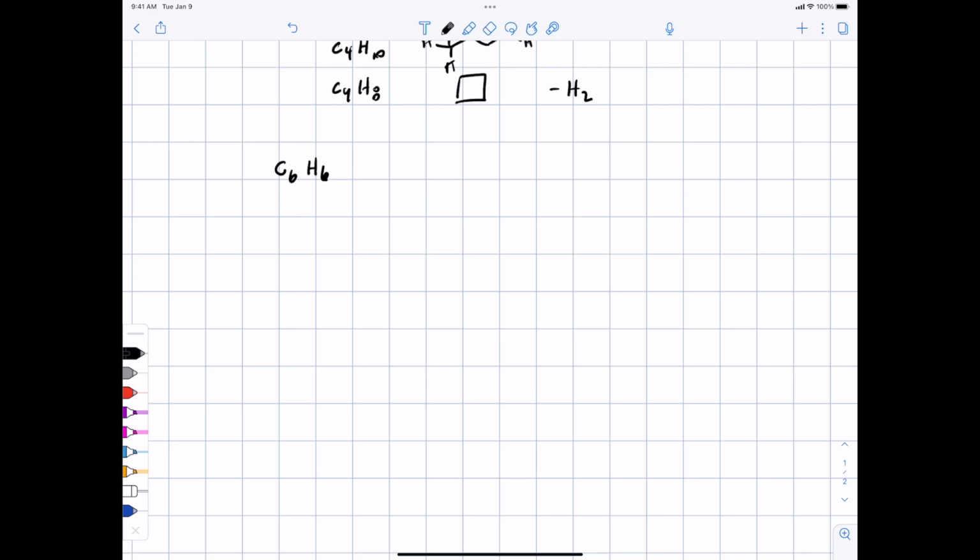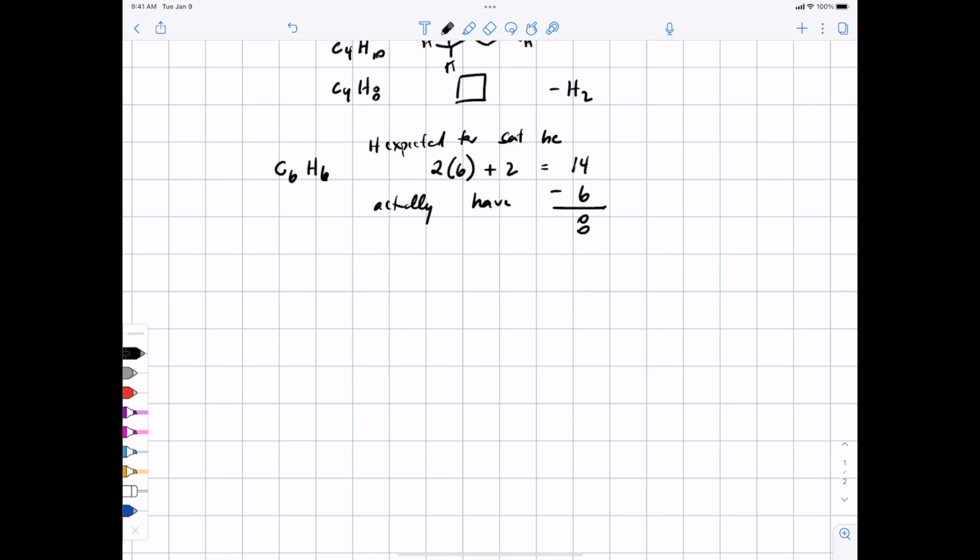Because if I calculate the number of hydrogen atoms expected for the saturated hydrocarbon, that would be 14. Instead, I actually have 8, but actually that means 6.